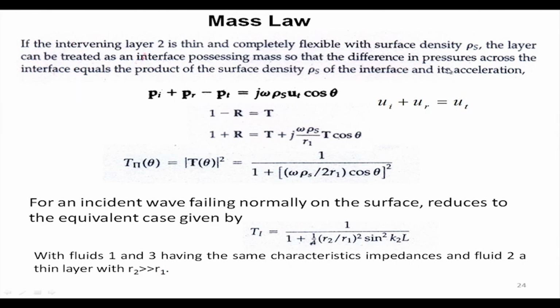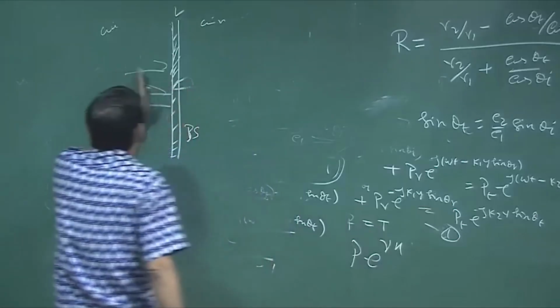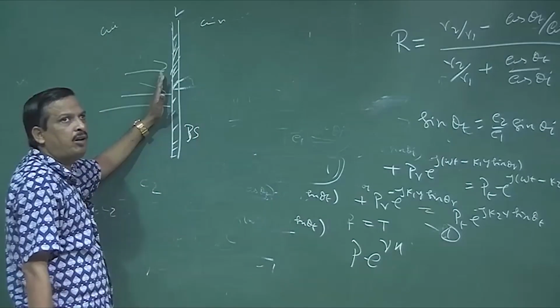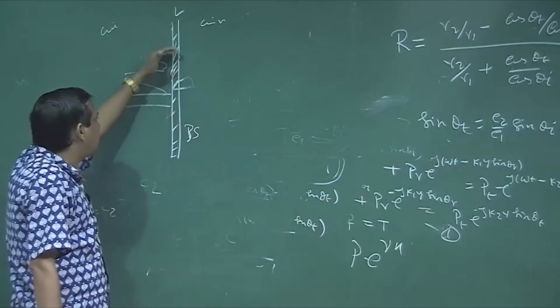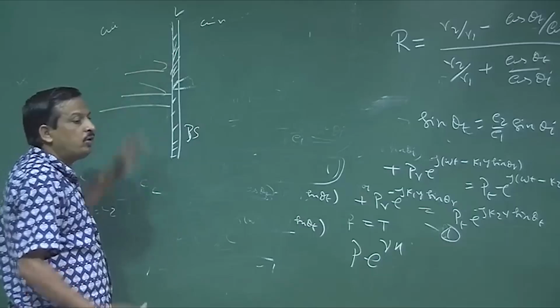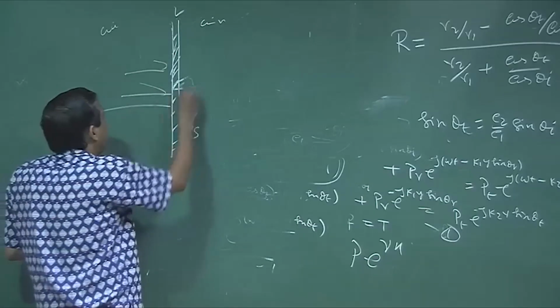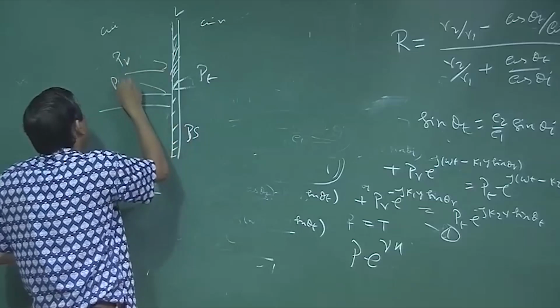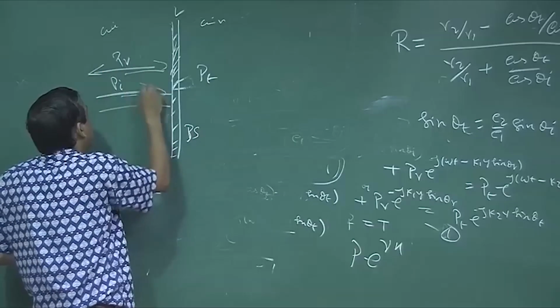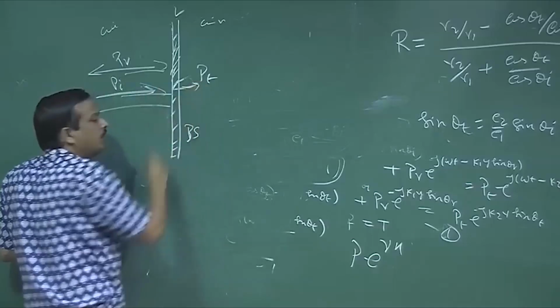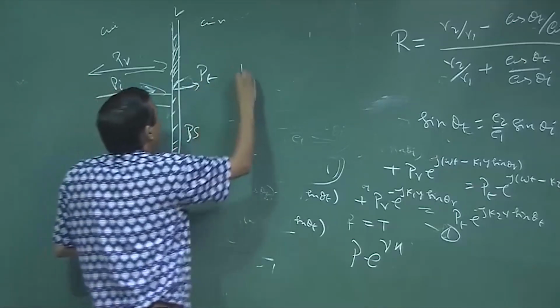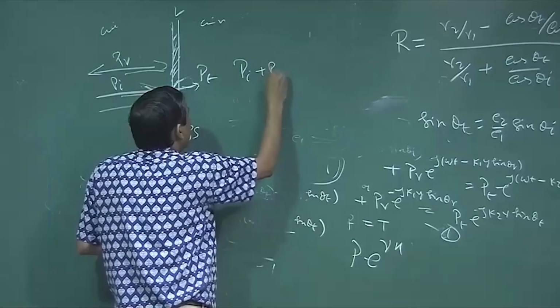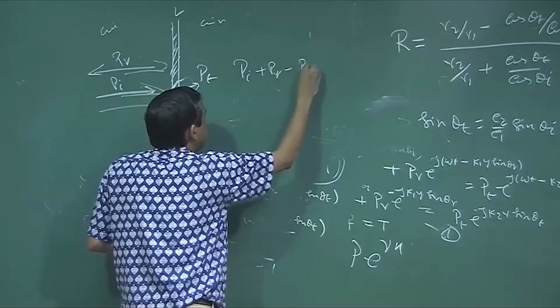That means once the pressure wave falls here, the particles move. This is Pt, this is Pr and Pi. So, I say Pi plus Pr minus Pt.